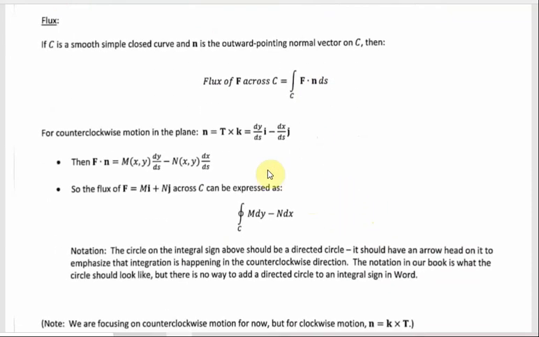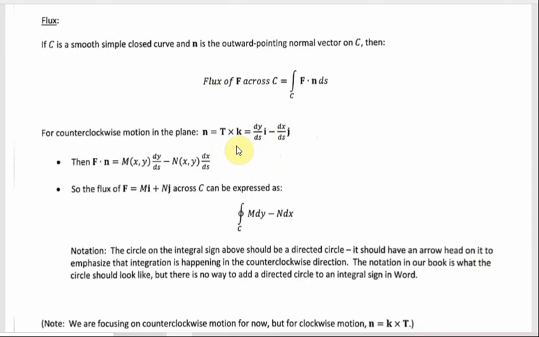So for counterclockwise motion, n ends up being t crossed with k, at least for motion in the plane. That would imply that we're just in the xy plane, which is what we're getting here with the i and the j. That would be the conventional way of doing it.